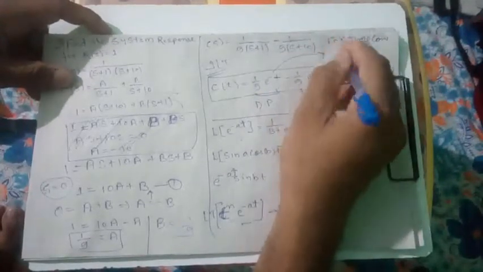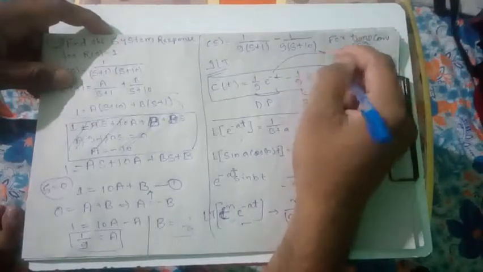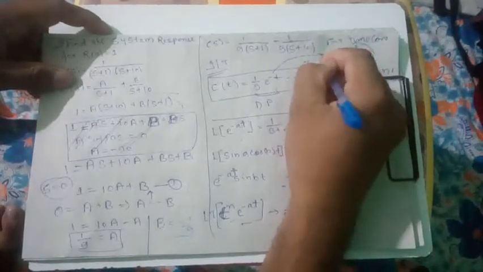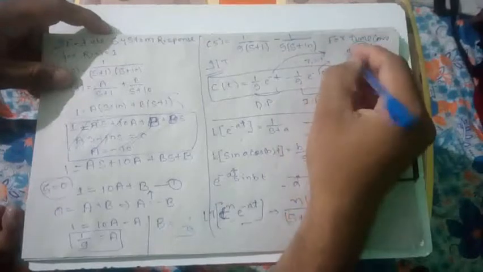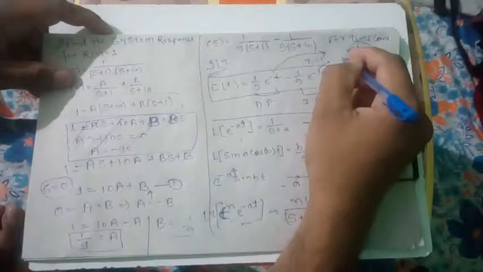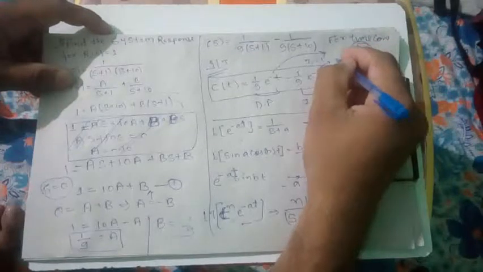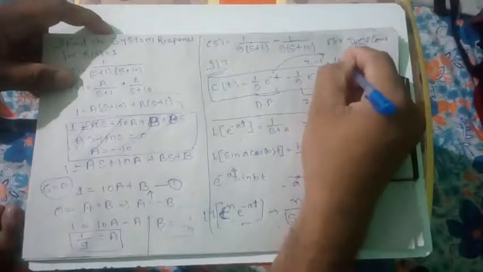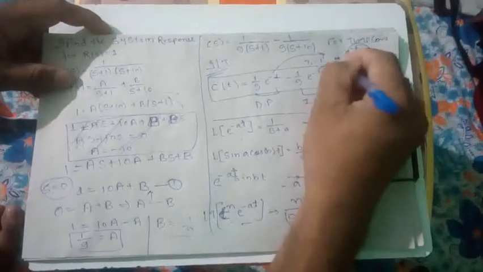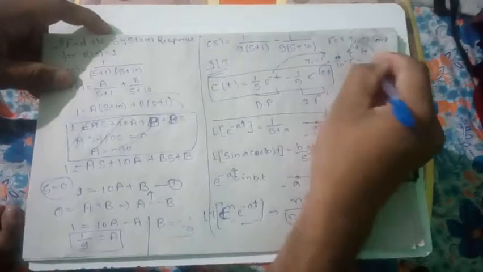Now compare this one here. Tau 1 is 1, and tau 2 is 1 by 10, that is 0.1.